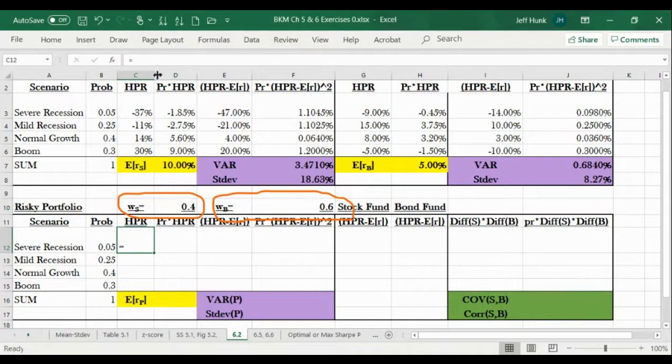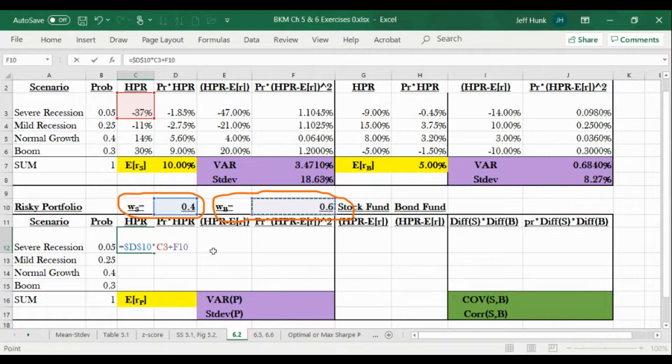So here, I'm gonna have to apply that weight, times the stock's holding period return, and I'm gonna have to lock into that weight, and then plus the bond weight.